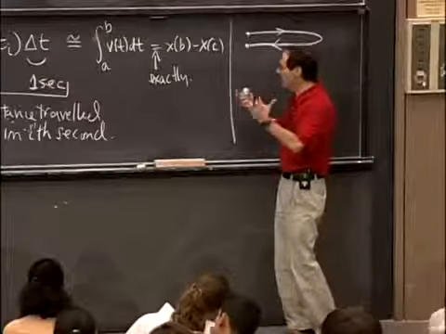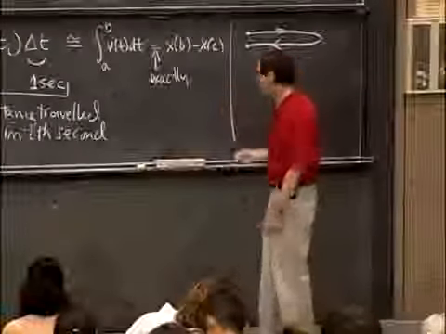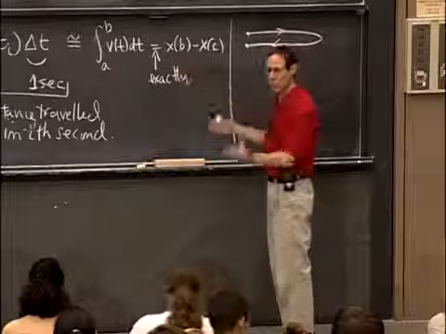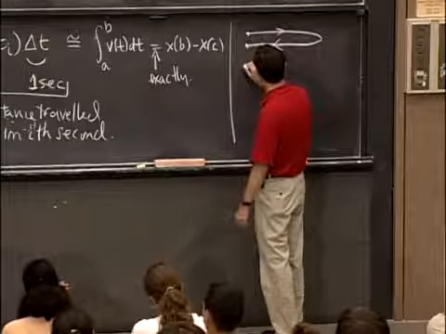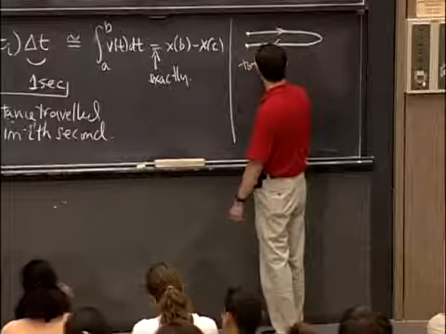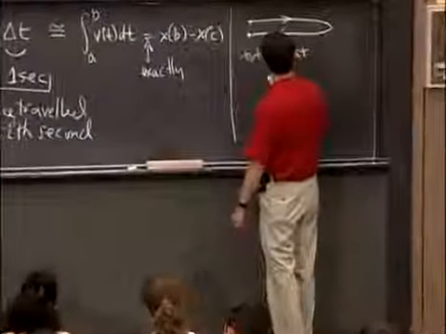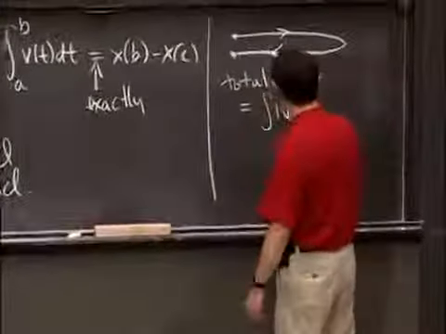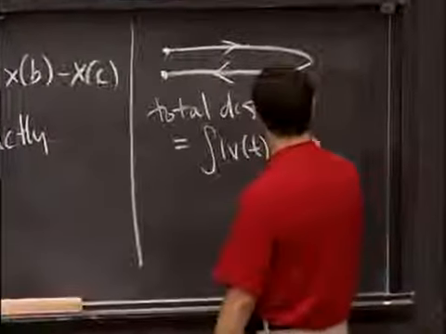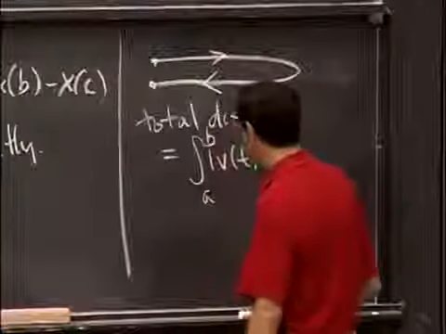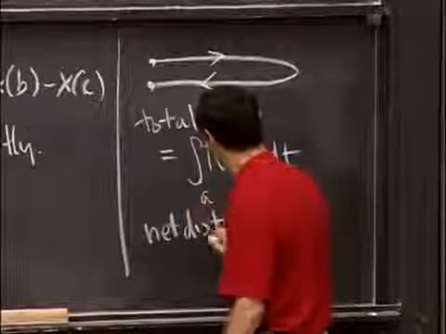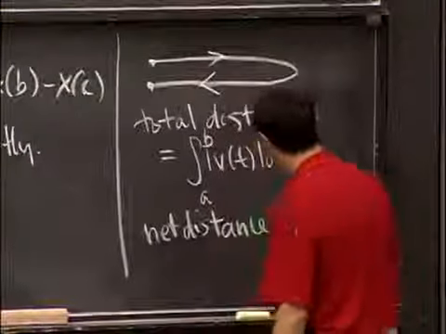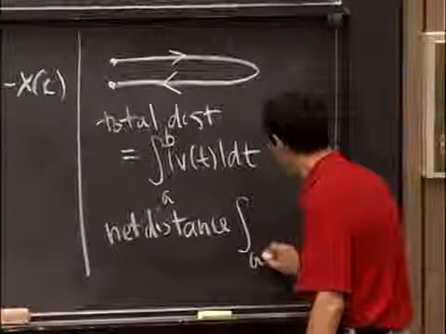So it's another thing. In other words, we can do that. We now have the tools to do both. We could also, so if you like, the total distance is equal to the integral of this from A to B, but the net distance is the one without the absolute value signs.